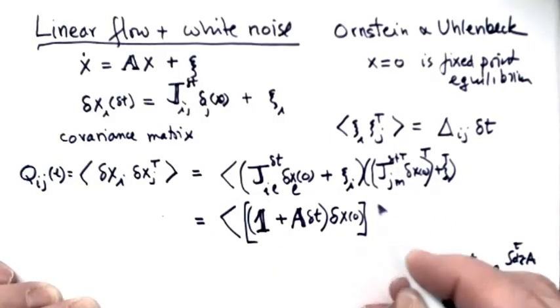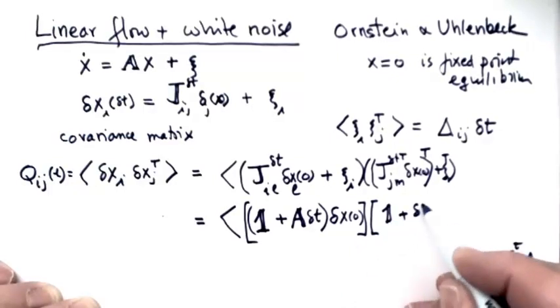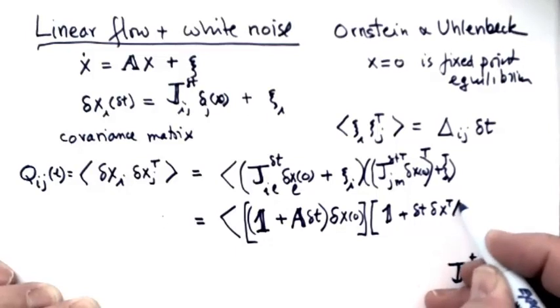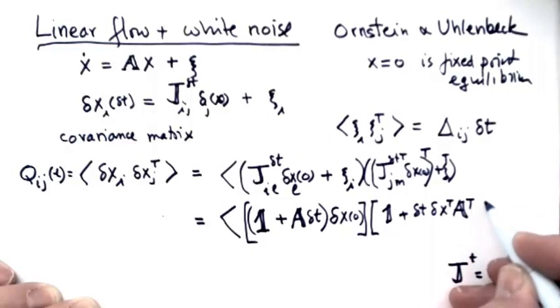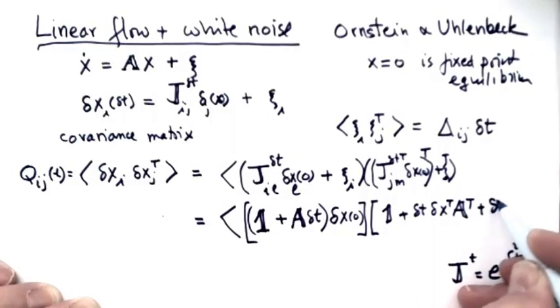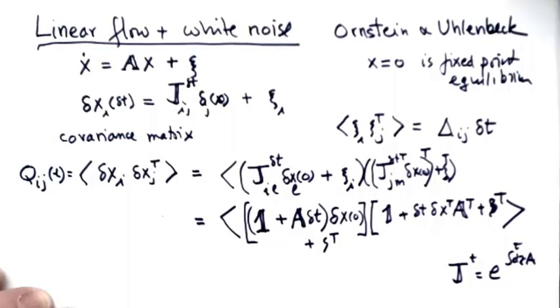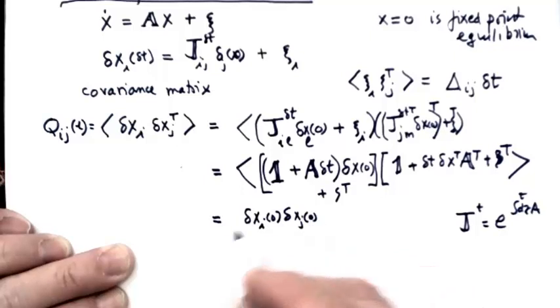So that's this guy here, and then we also get 1 plus delta t times the transpose of this thing, x transpose A transpose, plus the noise transpose, all averaged over many instances because we are looking at an average over many Langevin and noisy trajectories, and that is equal to the first term, which just gives me delta x i at time 0, delta x j at time 0, averaged.